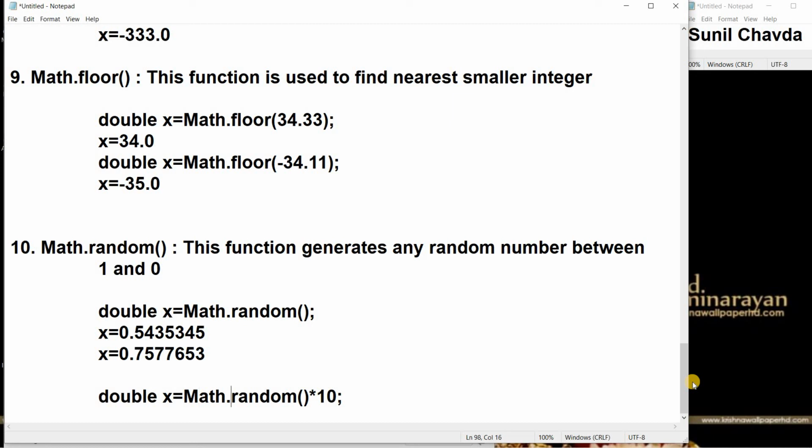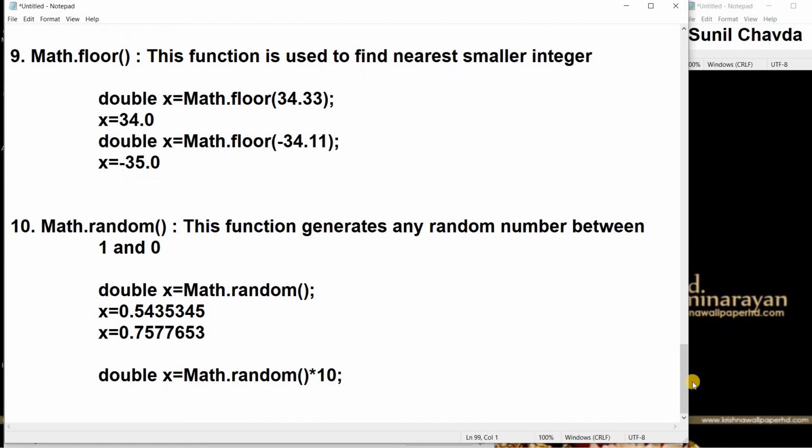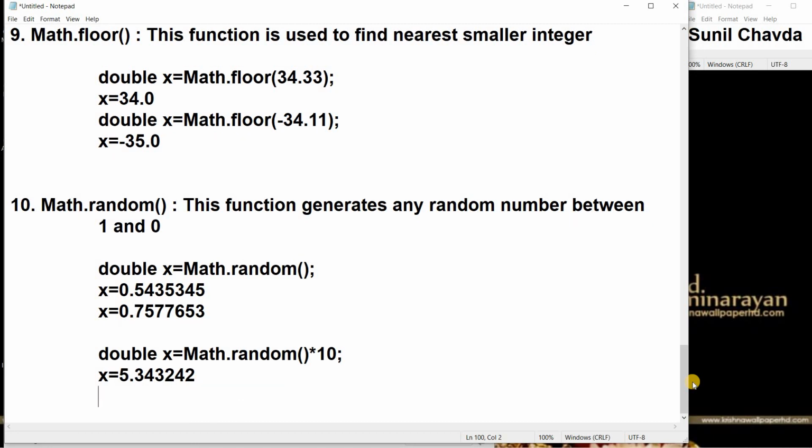So variable x will be any number between 0 and 10, but the answer will never ever reach 10. So it will be 0 to 9. Whatever answer is coming will be between 0 to 9. So x is equals to any random number like this, or any random number like this.